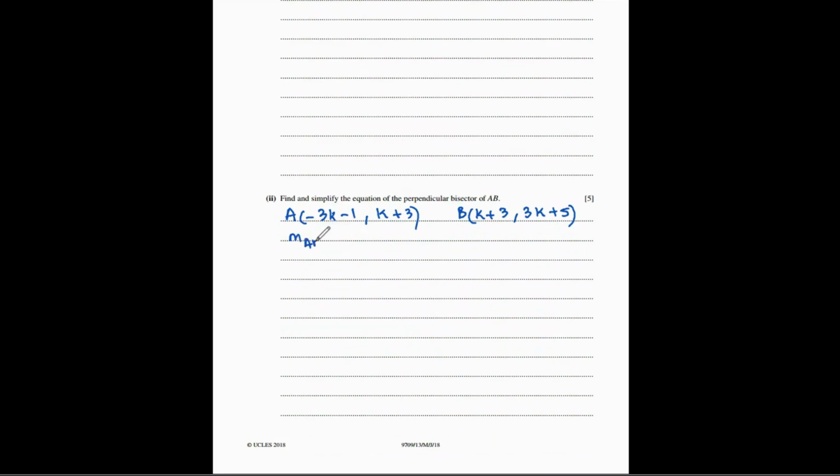Gradient of AB was 1 over 2. So the midpoint is going to be (negative 3k minus 1 plus k plus 3) over 2, and then (k plus 3 plus 3k plus 5) over 2.